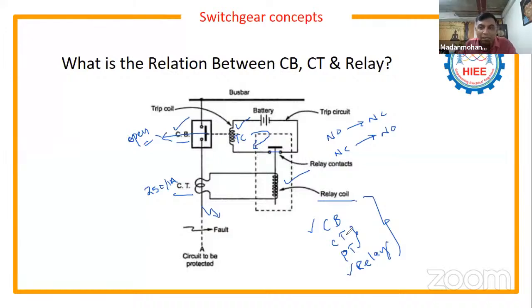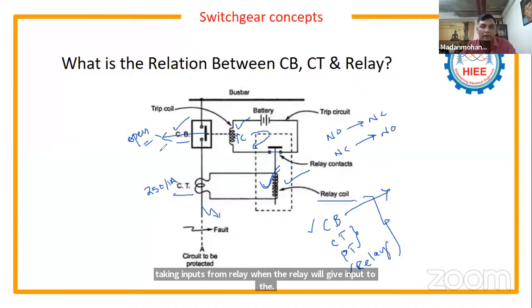I will give you the example because here the breaker is the switching device. A circuit breaker is a switching device which can isolate the faulty section from the healthy section by taking inputs from the relay. When a fault occurs, the relay will give input to the circuit breaker to open its contacts to isolate the faulty section.